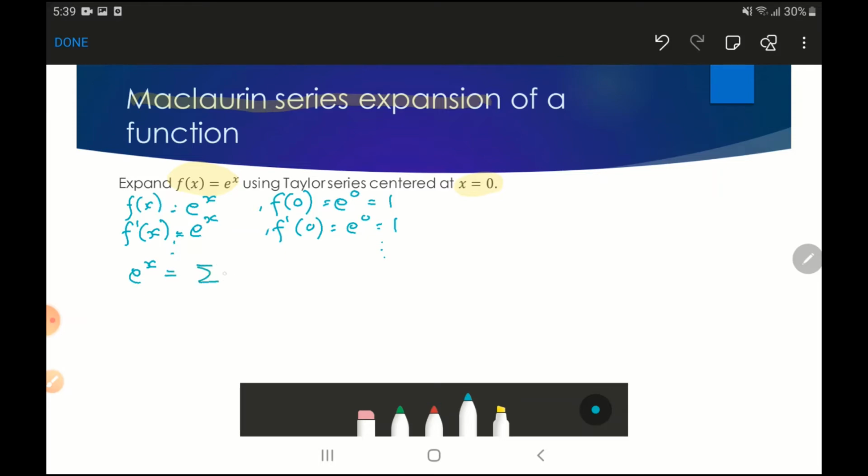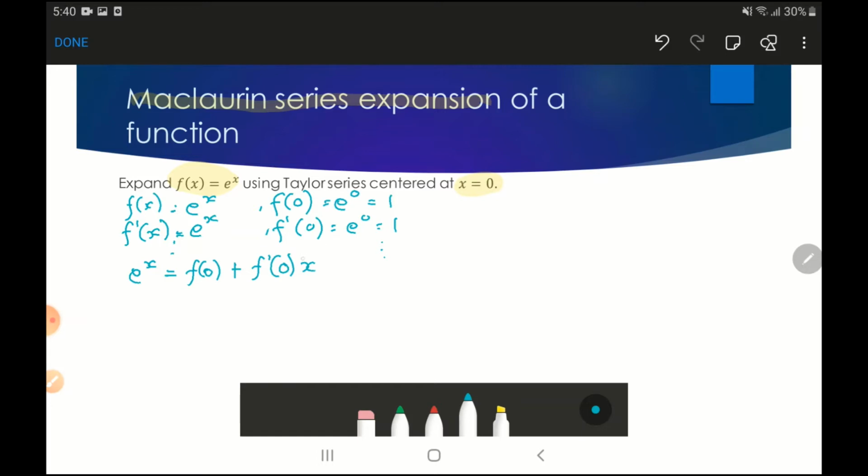So we can approximate our function as f(0) plus f'(0) times x, because it should be (x minus c), but our c is 0.